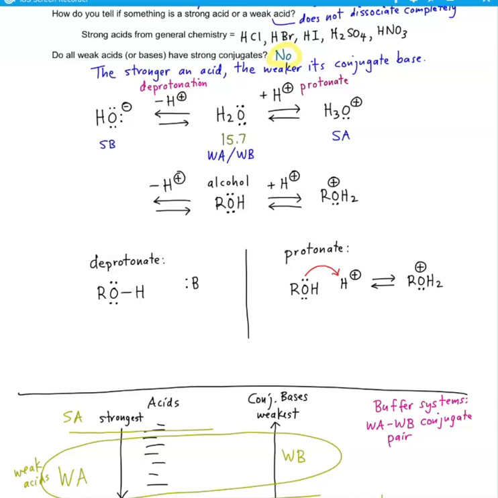Because we're pulling that proton off, we have to show this bond right here, the bond between the H and the O. So start the arrow at the base, the lone pair on the base, point to the hydrogen, start a second arrow at the OH bond, point to the oxygen.